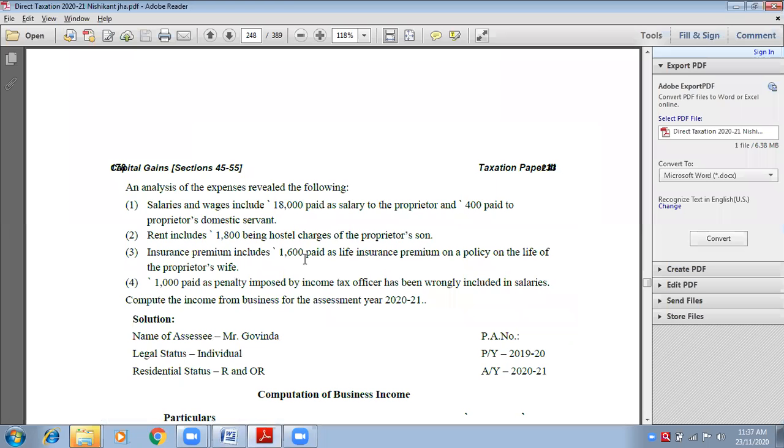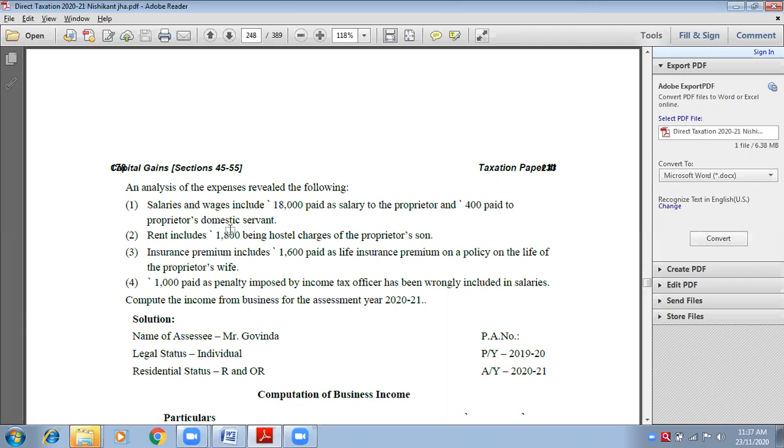Same first adjustment. I repeat, same first adjustment. There is another statement also: and rupees 400 paid to the proprietor's domestic servant. He is not an office servant. He is not a factory servant. He is not a factory peon. He is a house servant. So it is a personal expense which is included in the salaries and wages. So we need to discard 400.